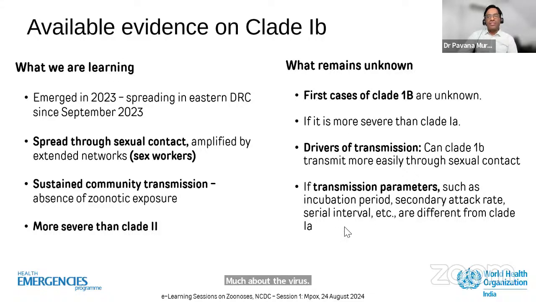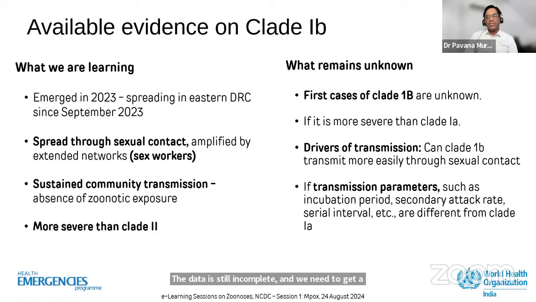The first cases of clade 1B, where exactly it came from, is still unknown. If it is actually more severe than clade 1A, we are still learning that transmission picture. Though we know that it is spreading through sexual contact, the data is still incomplete, and we need to get a better picture of this.